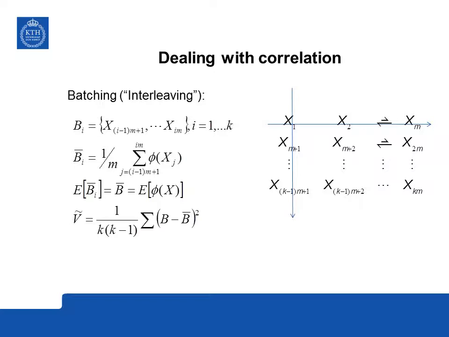So the ith batch, corresponding to the ith column, will have a sample average B bar i that we can compute in the normal way, and then we can clearly see that each of these will be an unbiased estimator of the expectation of phi of x, if that is what we want to compute.